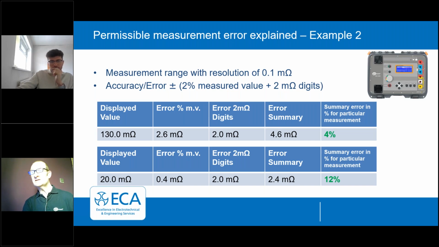And again, when we start to go down to lower values, so 20 milliohms may be the sort of value you're typically seeing close to the source at the transformer. We can again calculate the 2% measured value, which would be 0.4 milliohm. Again, it's the same fixed error of 2 milliohm, giving us a total error summary of 2.4. If we divide that by 20 times by 100, we get 12%. So again, that's well within the 30% measurement accuracy that we need to comply with the standard.